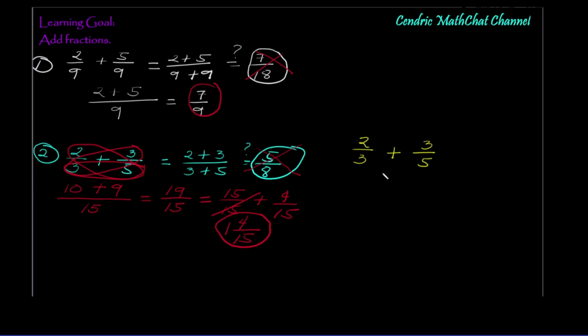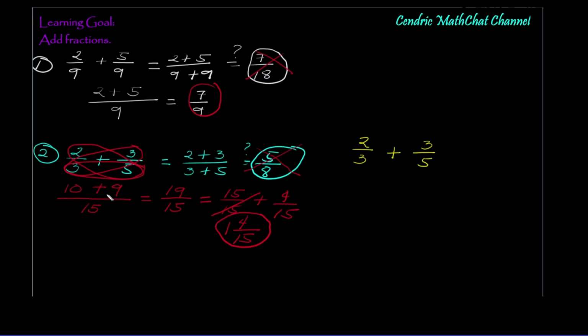We need to make their denominators the same. We need to rename these fractions in a way that they're gonna come up with the same unit, similar to our problem number 1, wherein they have a common denominator. They are like fractions.